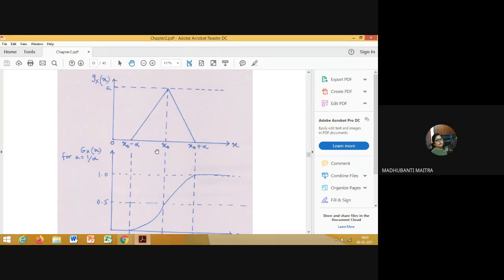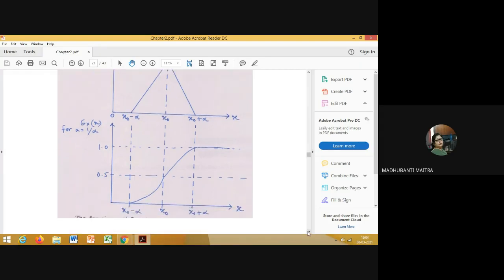What will be the area under this curve? A into alpha. That means the value of A should be equal to 1 by alpha, since the area under this curve should be equal to 1.